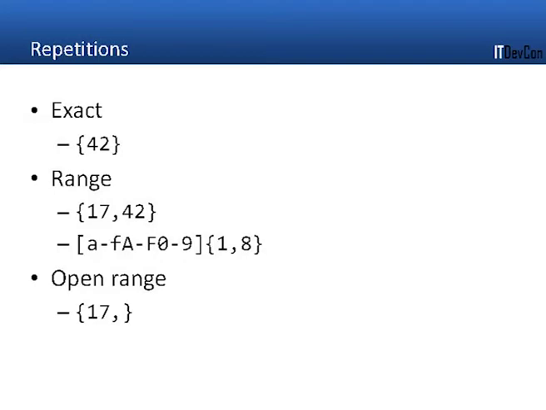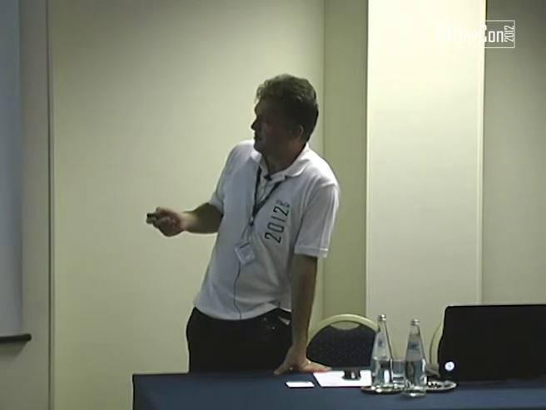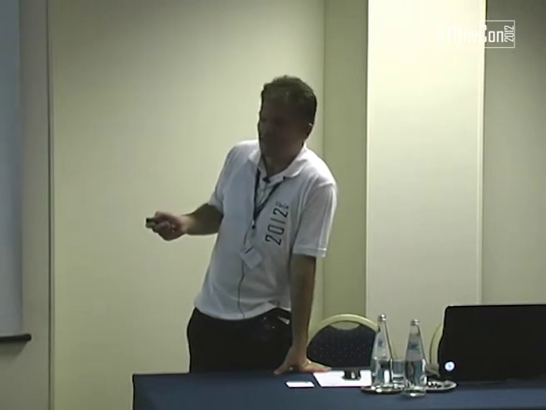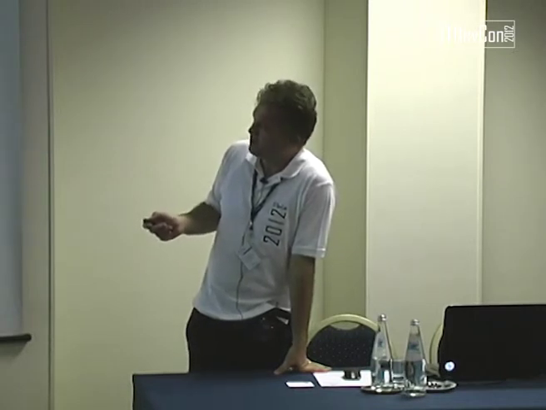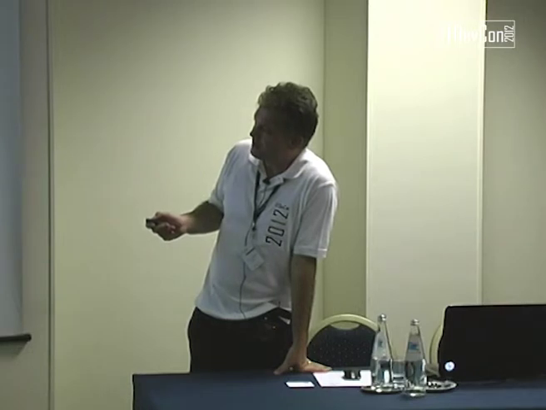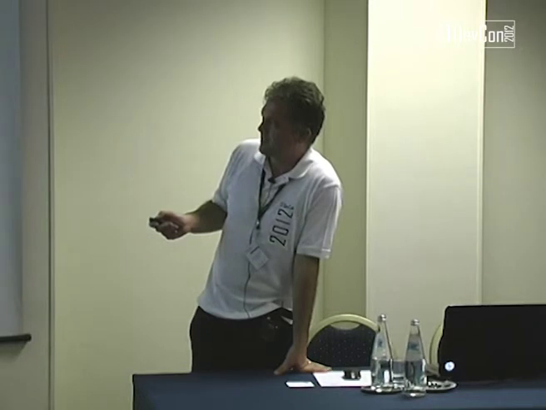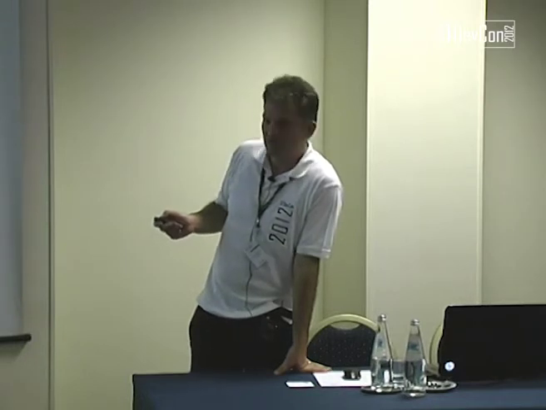You specify repetition by putting the, however this bracket is called, I always forget, and the number of repetitions inside. And this will apply to the object that precedes it. So if I say \d{42}, that would mean 42 digits.